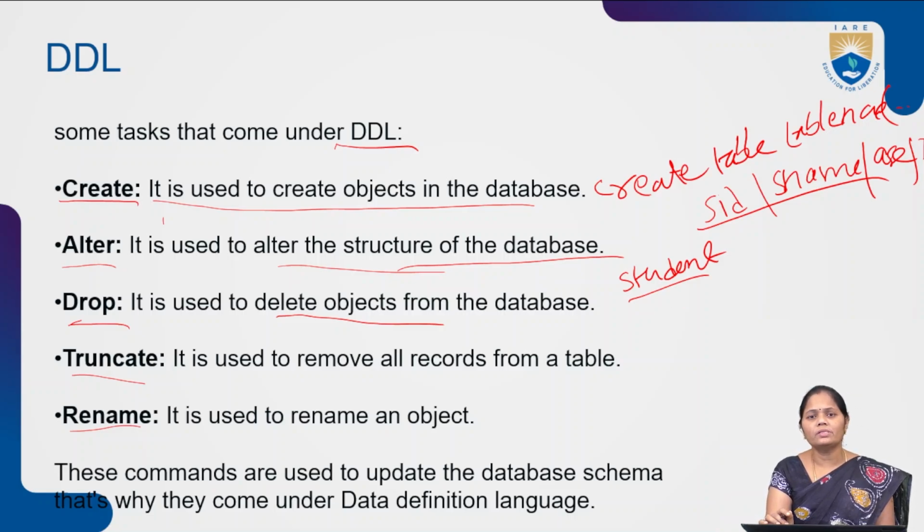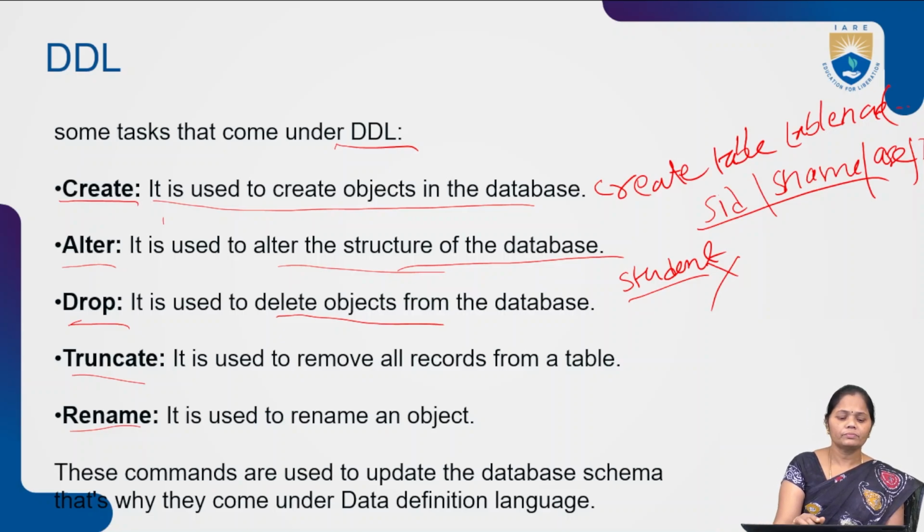Means I am trying to insert some data into the student table, which is already deleted. So it is not possible here. Why? Because the structure also will be deleted from the database. Okay, that is the drop command. Not only the data, the entire structure of the table along with the data will be removed from the database.